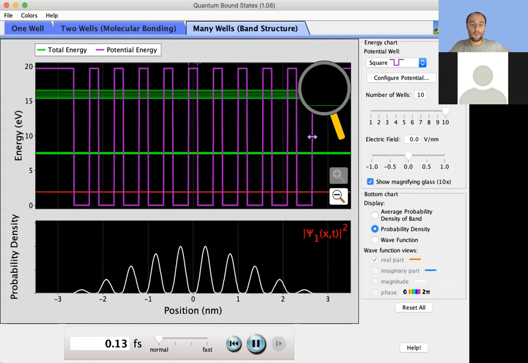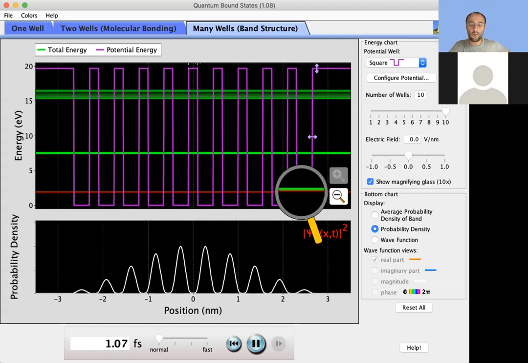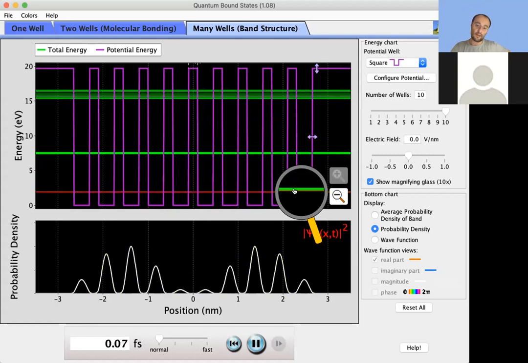Let's do this. Here is the situation far apart. You can see all the ground states, they're almost the same energy. Not exactly, right?